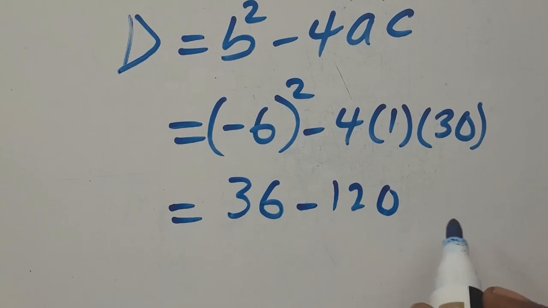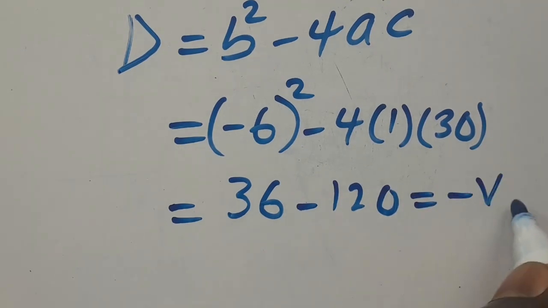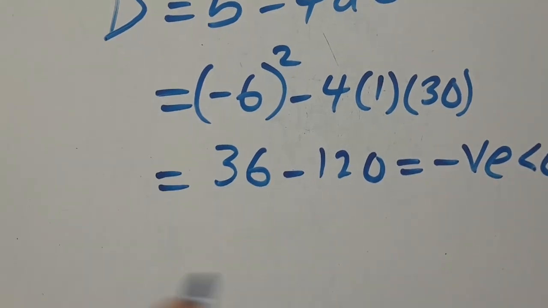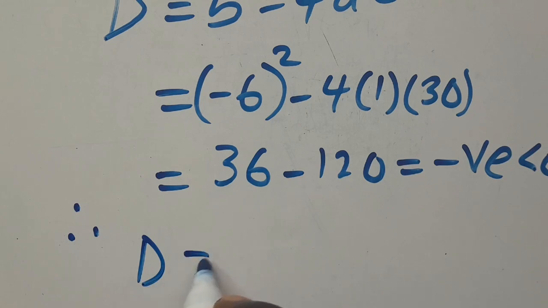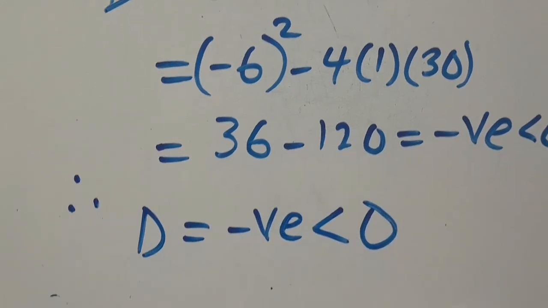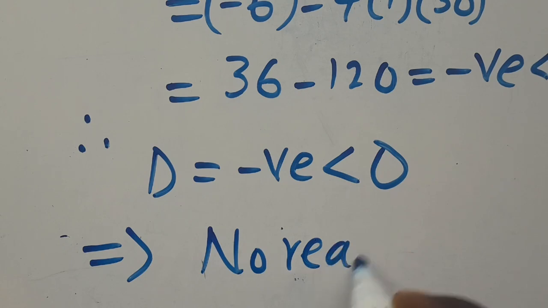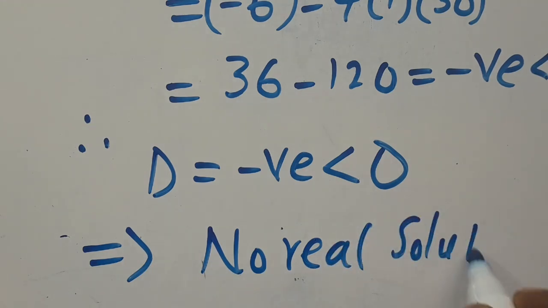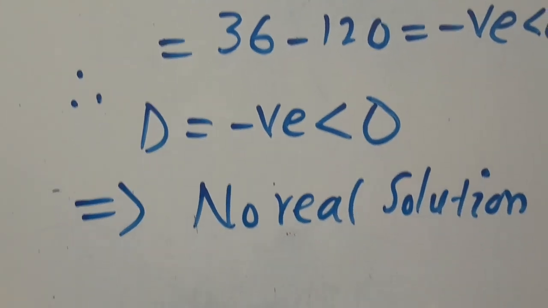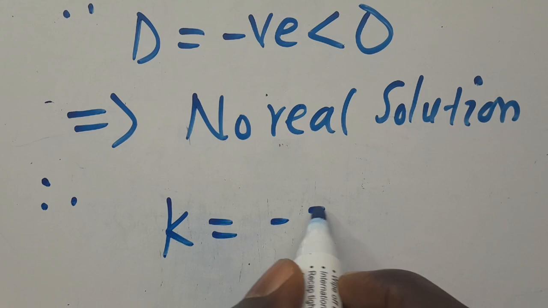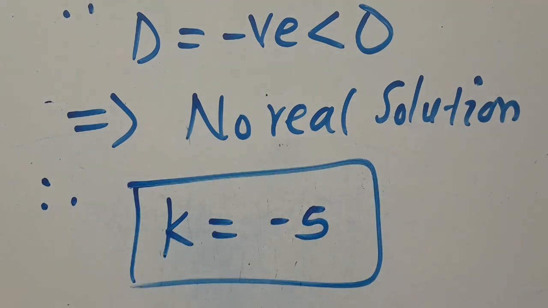So from here, we can see that this will give us negative and it will be less than 0. So therefore, d equals negative value, which is less than 0, implies that no real solution for this particular problem. So therefore, we have only k equals minus 5 as our real solution.